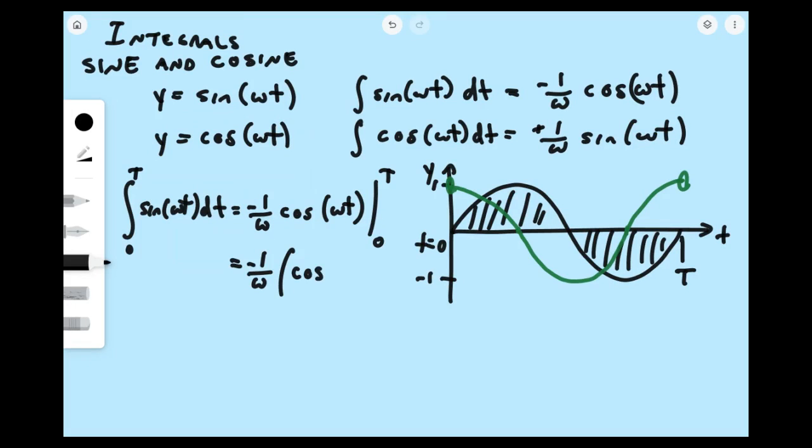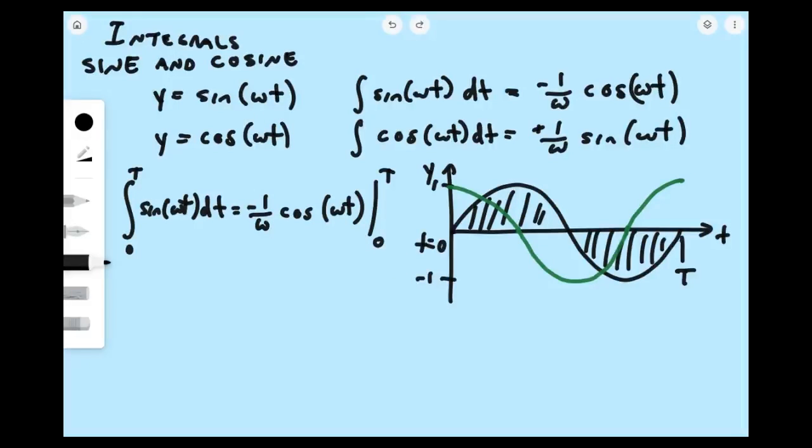So we have cosine omega capital T minus cosine of 0. And from looking at the graph, we know this is 1 and that's 1. So it's 1 minus 1, which is 0.